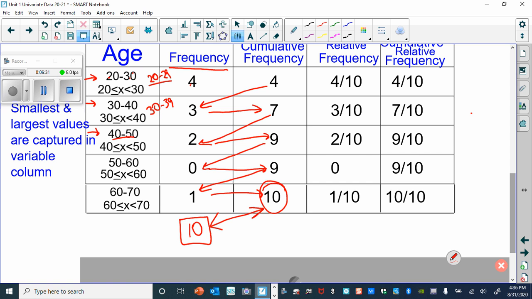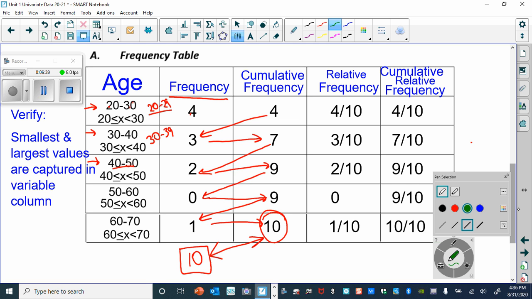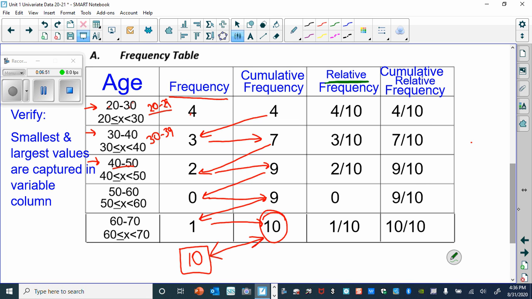And then, so that's for frequency. That's basically what I'll call the count. How many people? This next column is relative frequency. And so for the relative, you say, oh, there are 4 people between 20 and 30 years old. Is that a lot? I don't know. Out of how many?